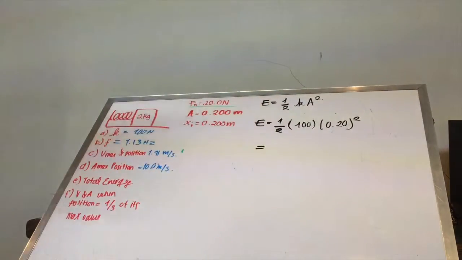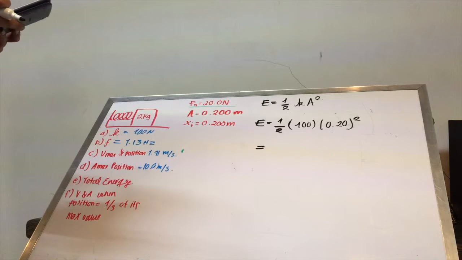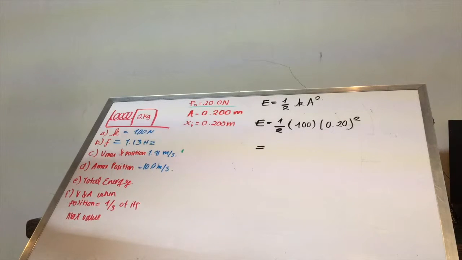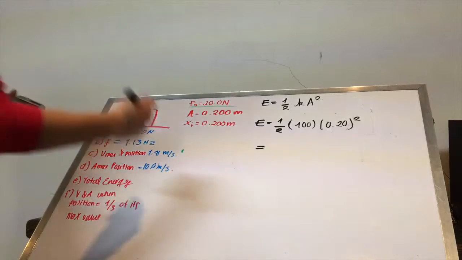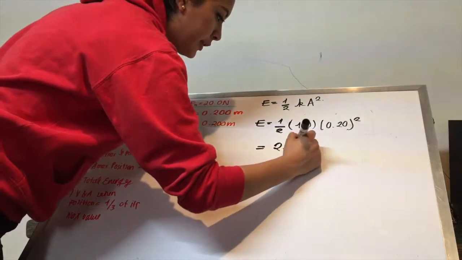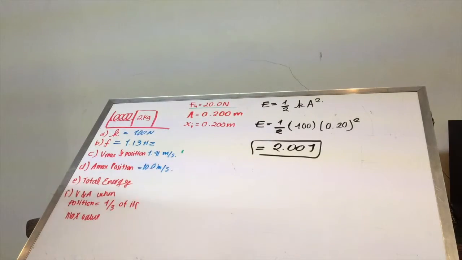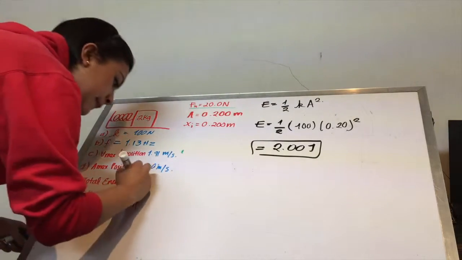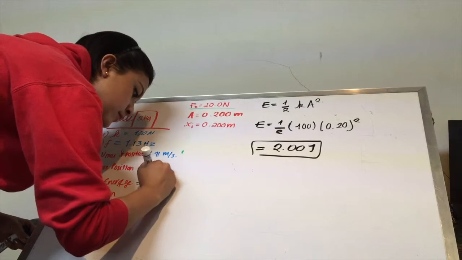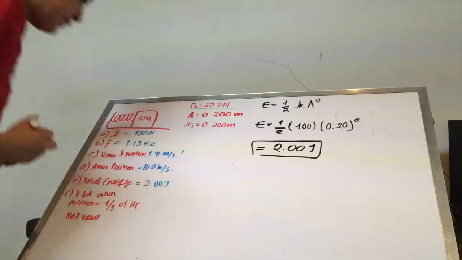So it's 0.5 times 100 times 0.20 squared. Our energy is equal to 2.00 joules, which we write here.